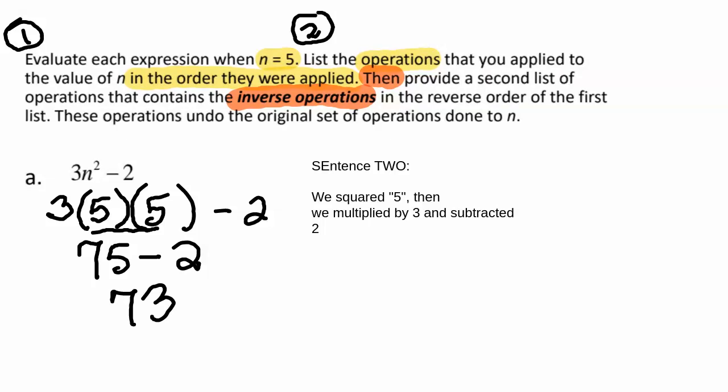Okay? We squared 5. We put these two together. We then multiplied by 3. Which gave me 75. And then we subtracted 2 to get 73.